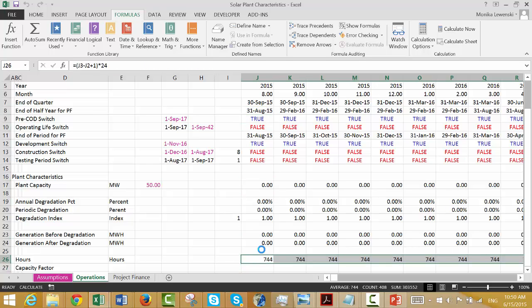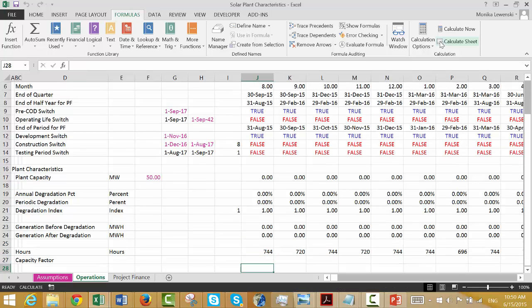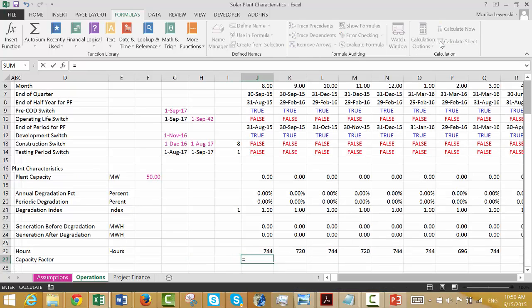Okay, and then our capacity factor will be the amount of hours we produce divided by this, and then we better take that whole thing and divide that by the plant capacity, and we better only do that if J17.